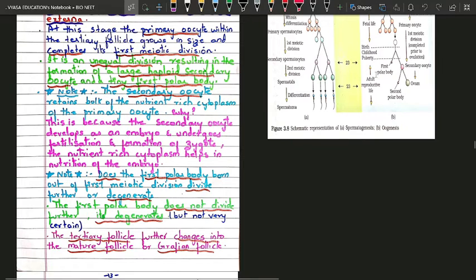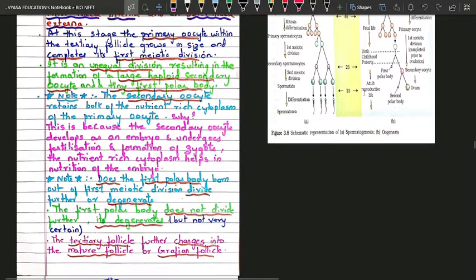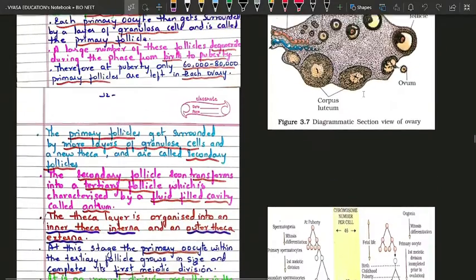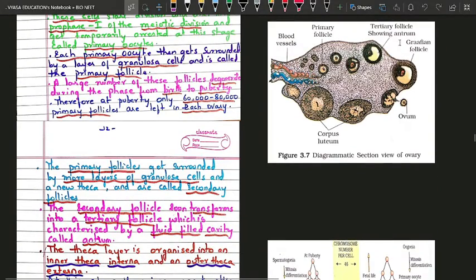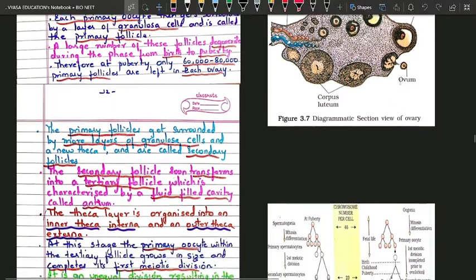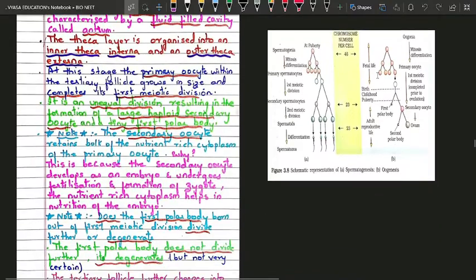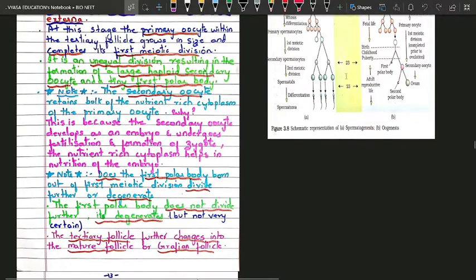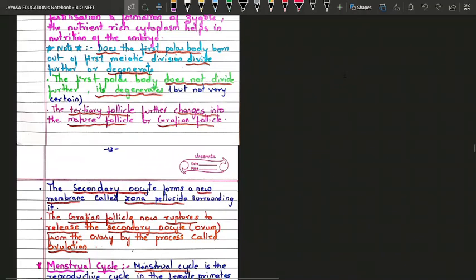So the tertiary follicle further changes into the mature follicle or the Graafian follicle. You can see here, Graafian follicle, tertiary. These are the next stages, one after another, until it reached the Graafian follicle stage.